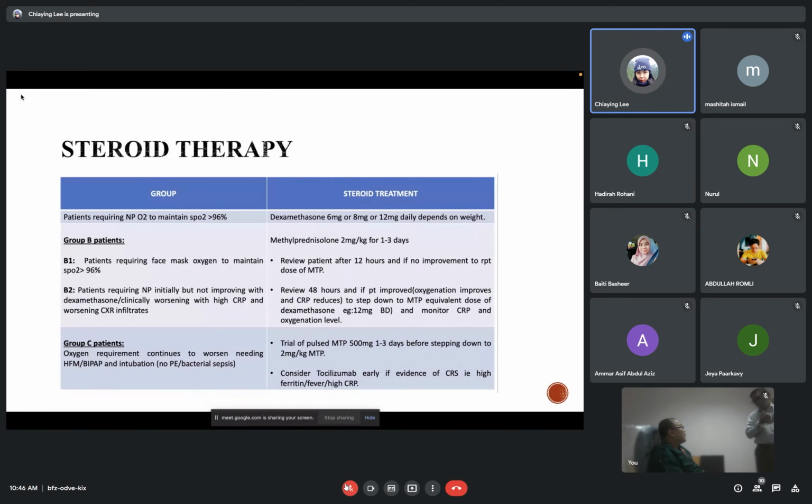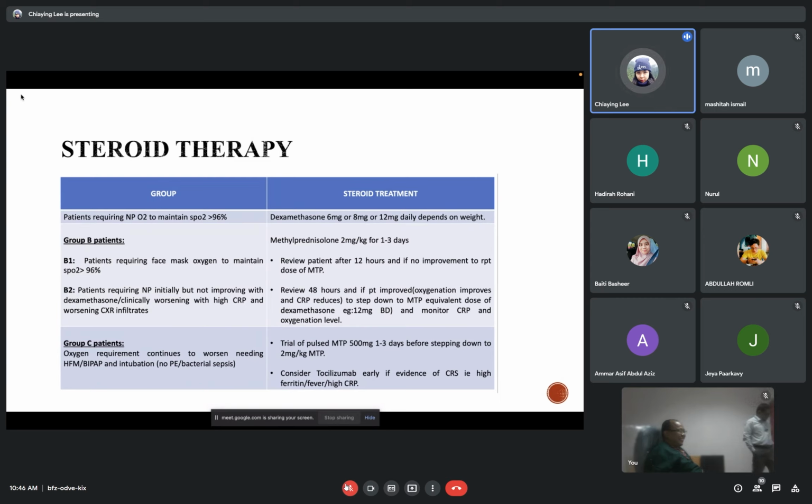Okay, so steroid therapy to modulate the inflammatory response in our body. So in ED, we essentially give patients IV dexamethasone if the inflammatory phase is already day 5 and above.